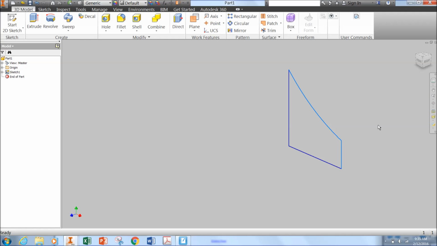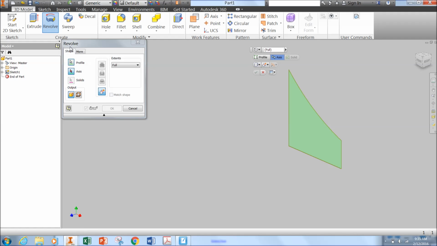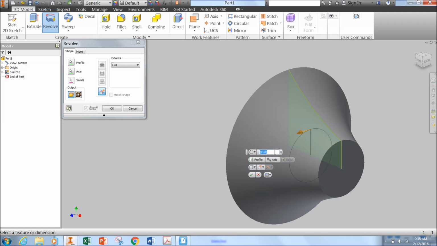We now want to revolve this region around a specific axis. To do this, we will choose the Revolve tool, and the profile is already selected that we want to revolve. We must now select the axis, which will be the y equals 0 line, and we will do a full revolve to create our three-dimensional model.